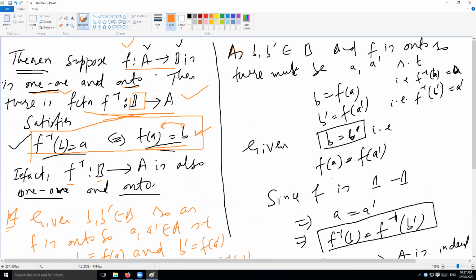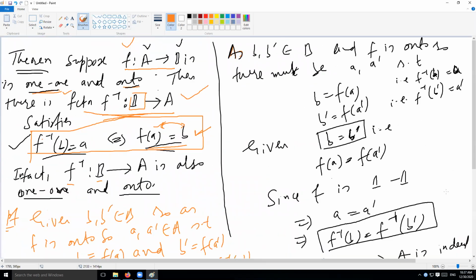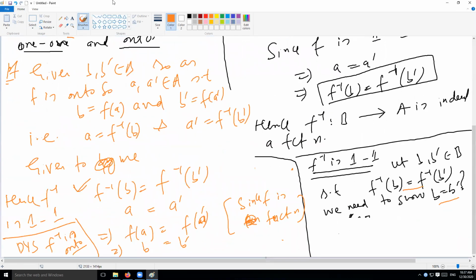So this recipe is telling you how I can find F inverse of some B. The answer it gives is to try to find an A for which f of A is equal to B. If we can find an A for which f of A equals B, then by this theorem f inverse of B would be equal to that A. So let's try to find some inverses of functions.